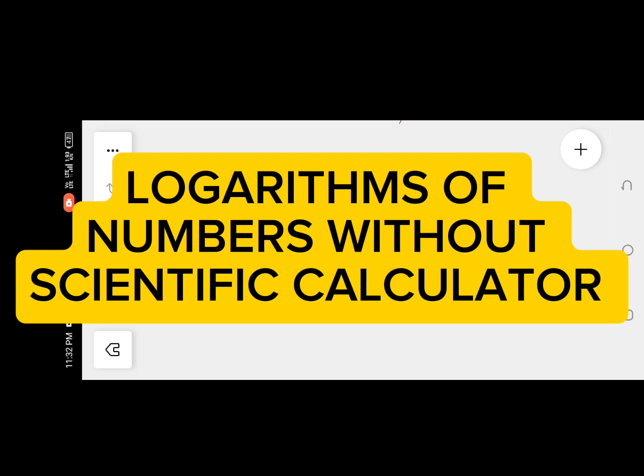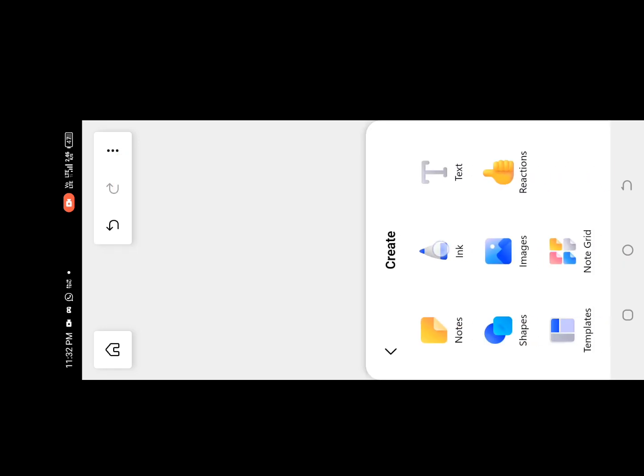So let's assume you were given the hydrogen ion concentration, which is your H plus. You were given it to be 0.001. Let's say the acid is HCl, which is hydrochloric acid. So you were given the concentration to be 0.001.